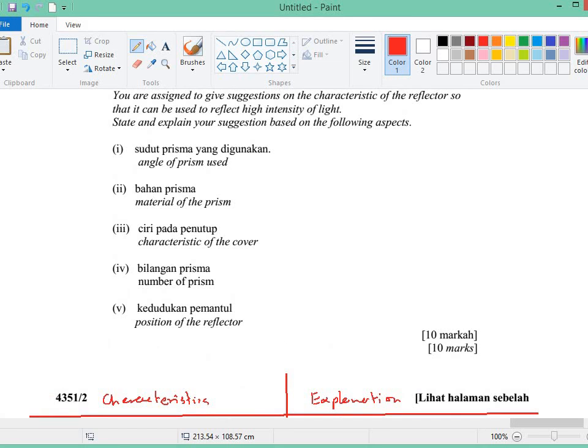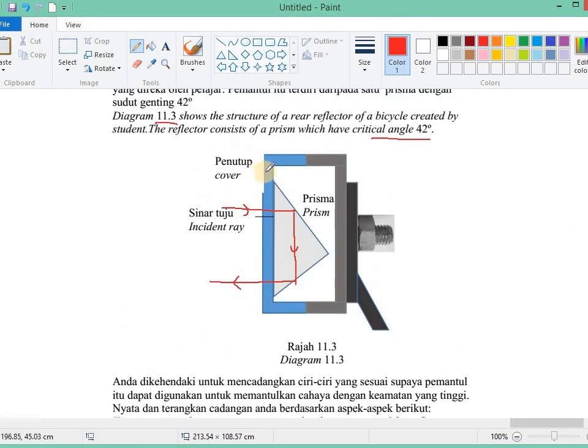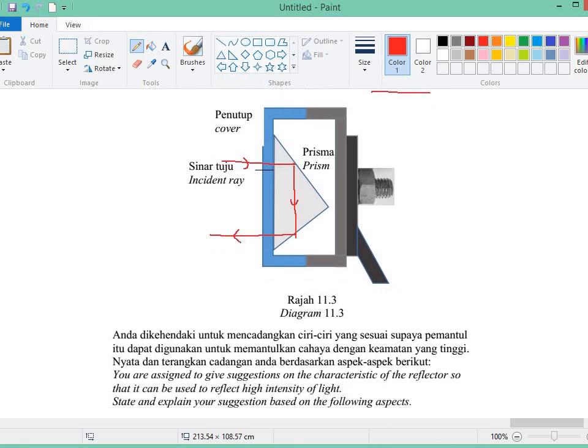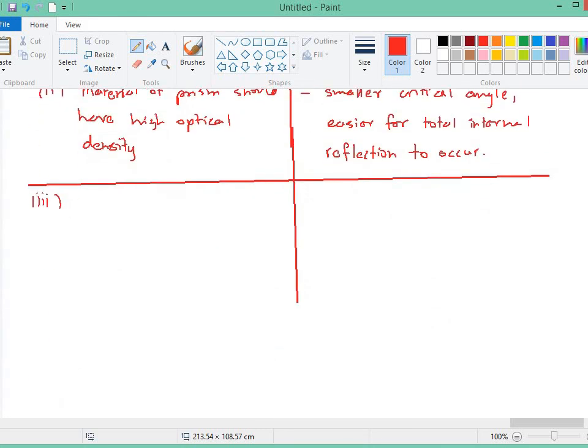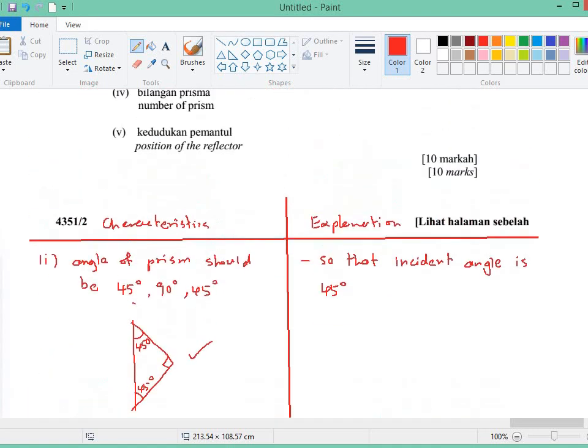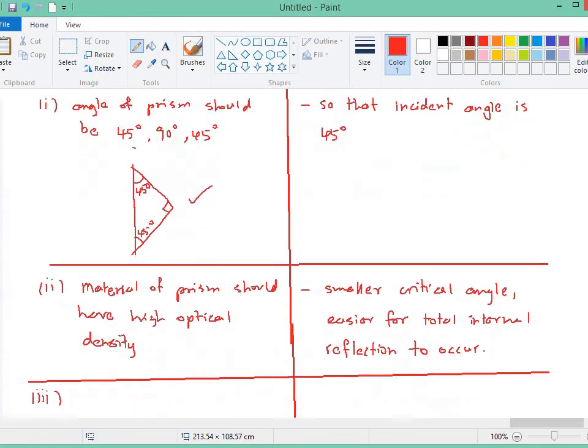Okay, characteristic of the cover. So we say that the cover, of course, it must be transparent. Okay, the characteristic of cover.